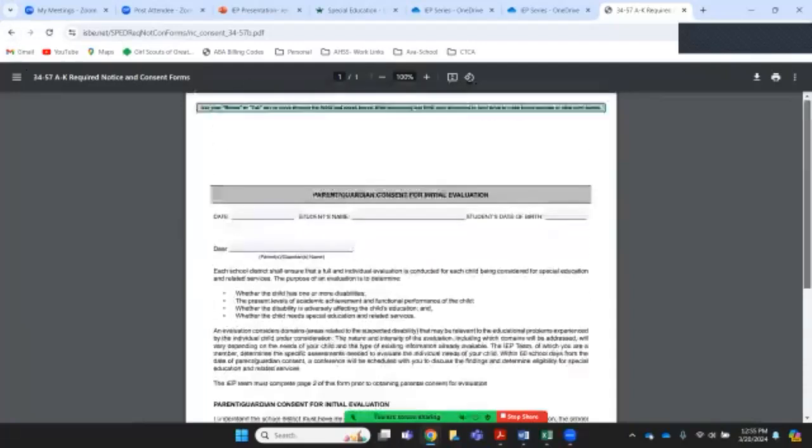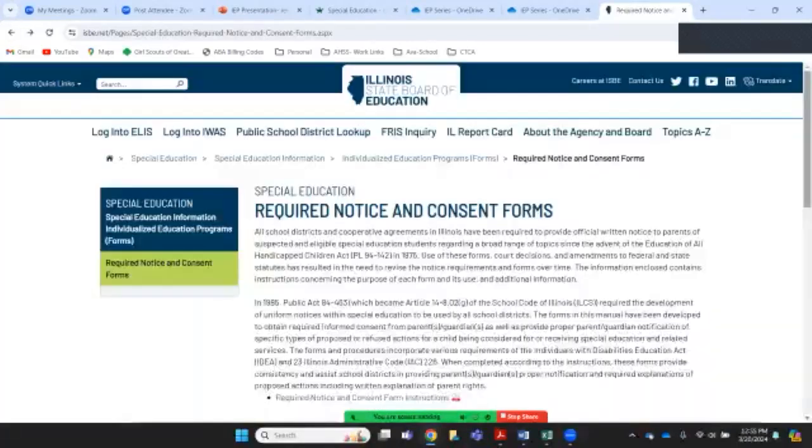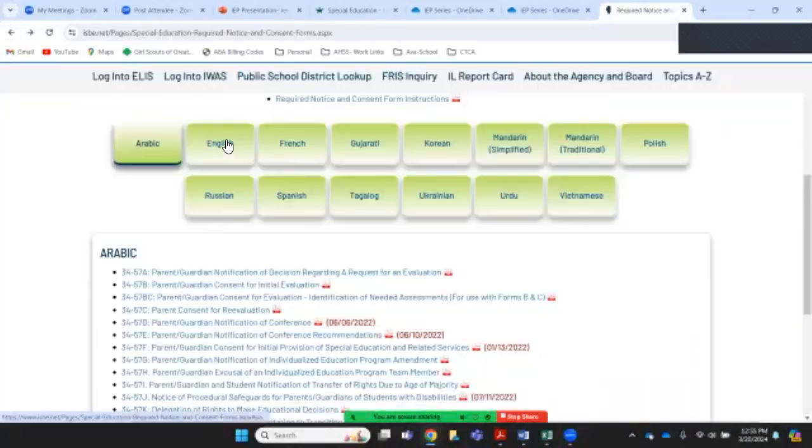There is a similar page for a reevaluation. Instead of initial, it says reevaluation at the top, for you to give your consent for that. And again, once you sign the consent, they have 60 school days to provide the assessment and the evaluation.